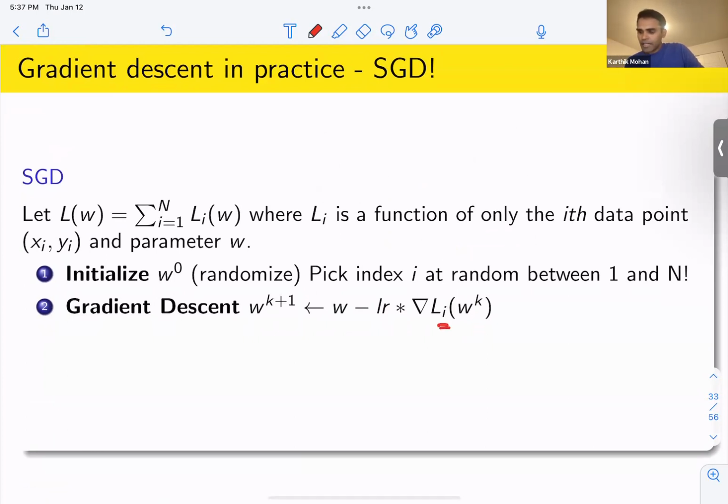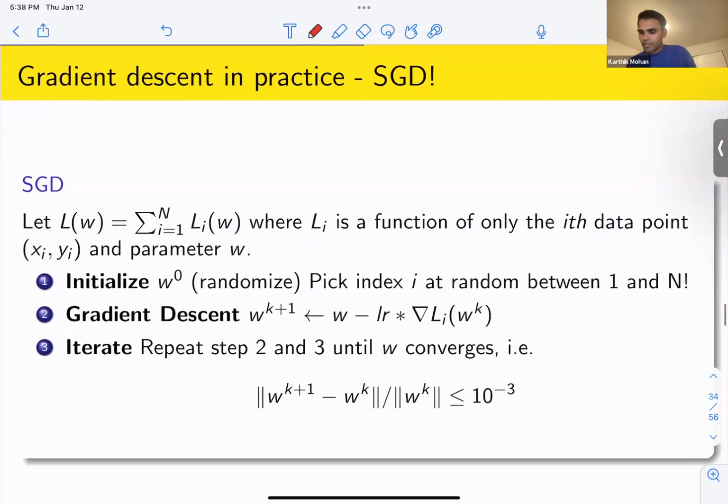So I pick the ith data point and I take the gradient with respect to that. So I'm saying, hey, the loss function can be reduced by using the data from the ith data point and optimizing, right? So taking a step in the negative gradient direction. But that's only for the ith data point. I'm not using other data points. And I take a step and then I repeat, right?